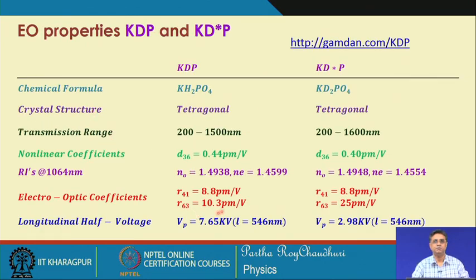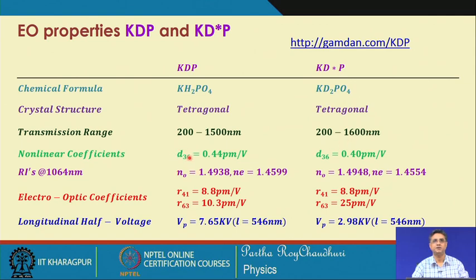So, these are some important properties of these two crystals, which are very relevant in terms of the design aspects and for calculation of various electro-optic properties. These are taken from this reference. The crystal is tetragonal, this one is also tetragonal, the operating range is from 200 to 1500 nanometer, this is slightly more, 200 to 1600 nanometer.